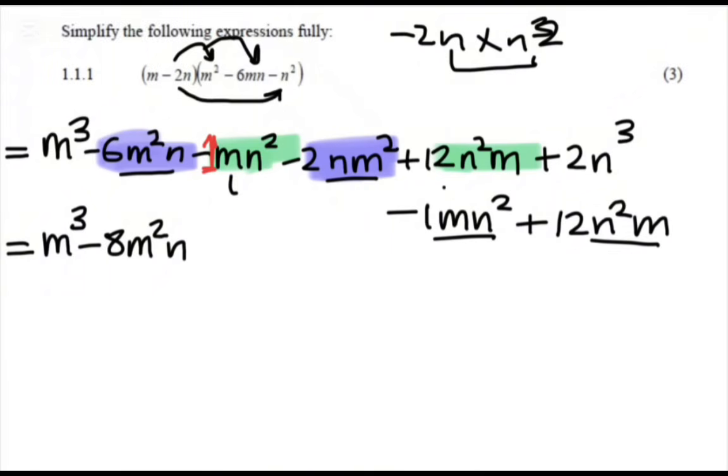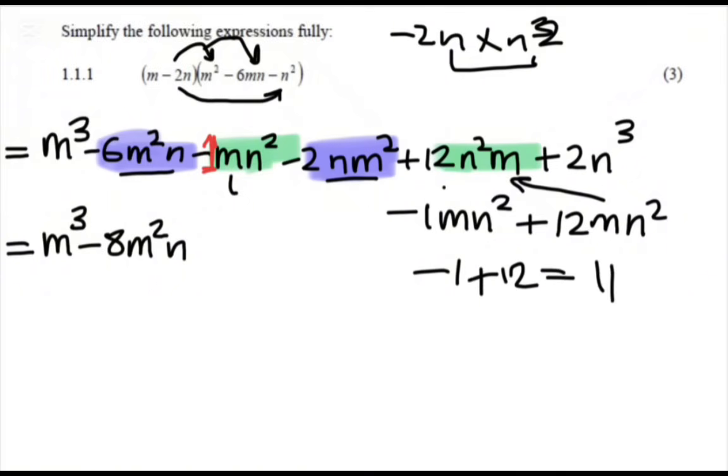They are the same; multiplication does not discriminate, and we can write this as mn squared. So negative 1 plus 12 gives positive 11, and we have plus 11mn squared.